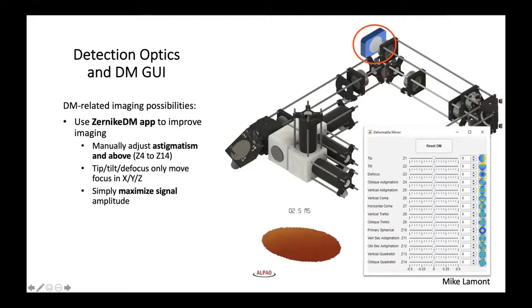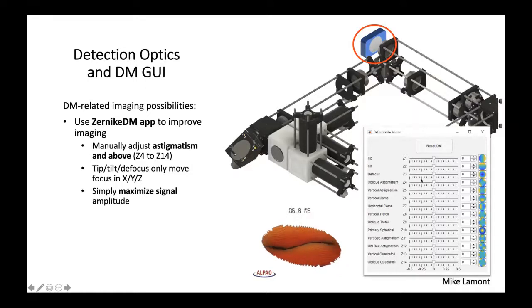We have a basic 4-channel detection optics setup where we're able to see THG, green or yellow, and red or second harmonic generation. Under a normal imaging day, we'll have to reset the deformable mirror and tune the different Zernike polynomials in order to tune the shape of the mirror.